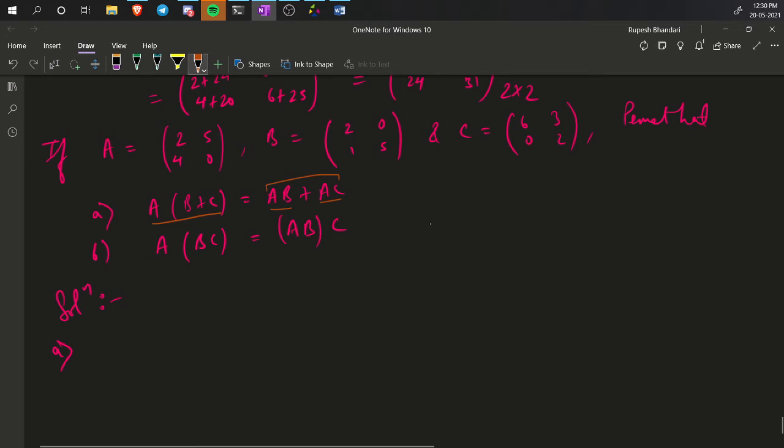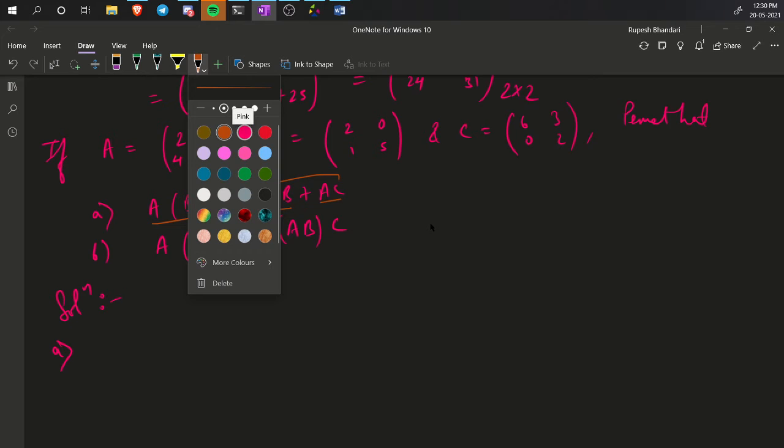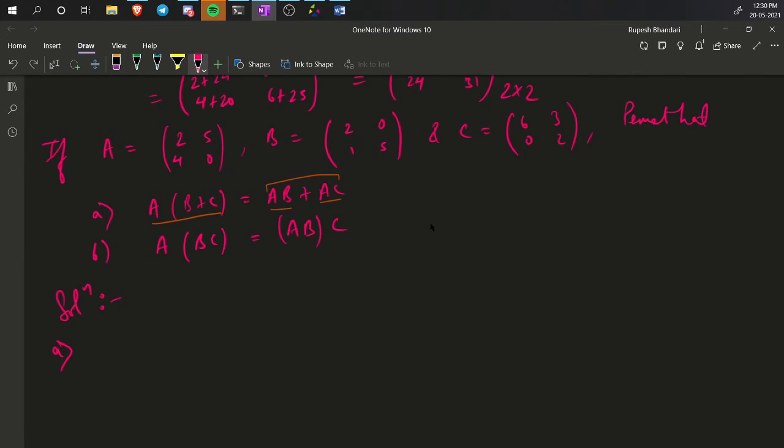So A(B plus C), this is what we are going to do, right? So A is basically nothing else but 2 4 5 0. Let's open up a big bracket so that we first add and then only multiply with A, okay? 2 1 0 5 plus what we have, 6 0 3 2, yeah.